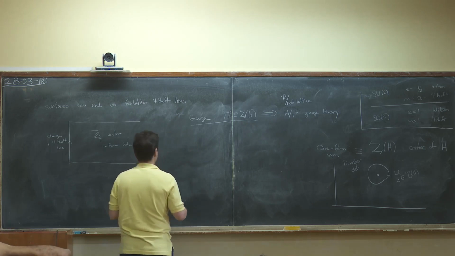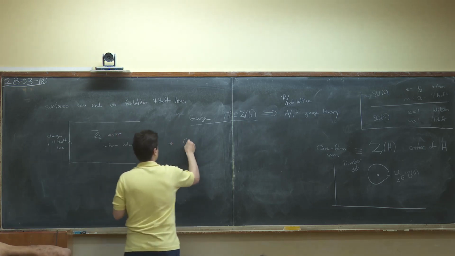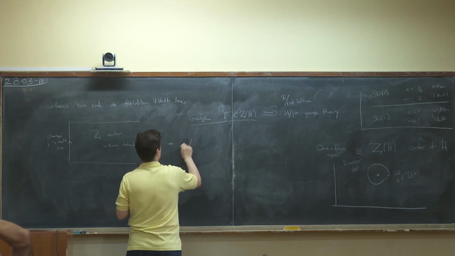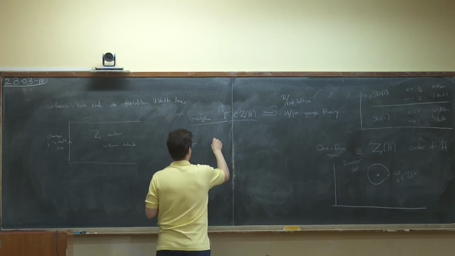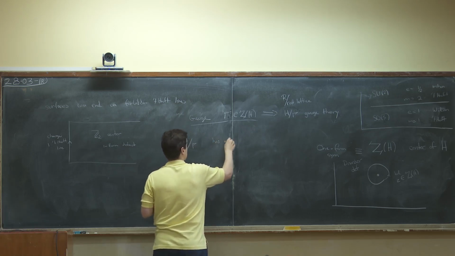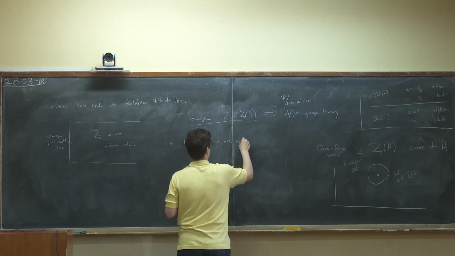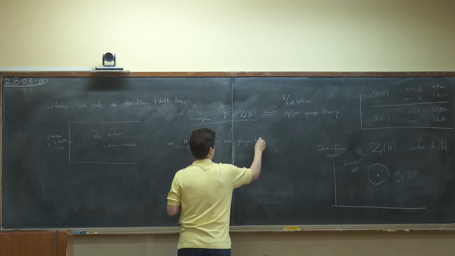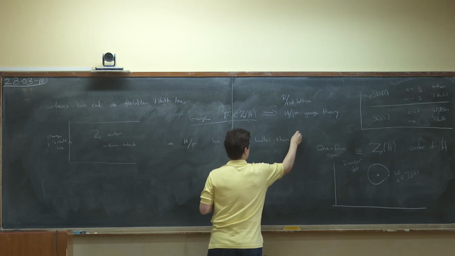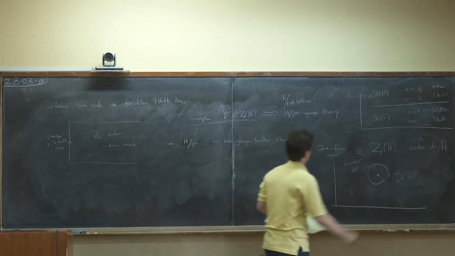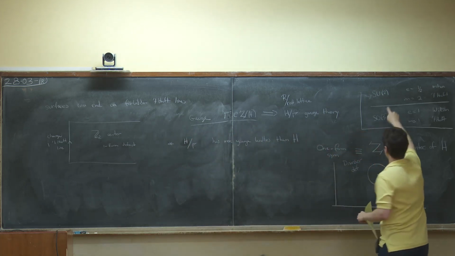So, for instance, H mod gamma has more gauge bundles than H. So again, if you don't like general H, come back over here.